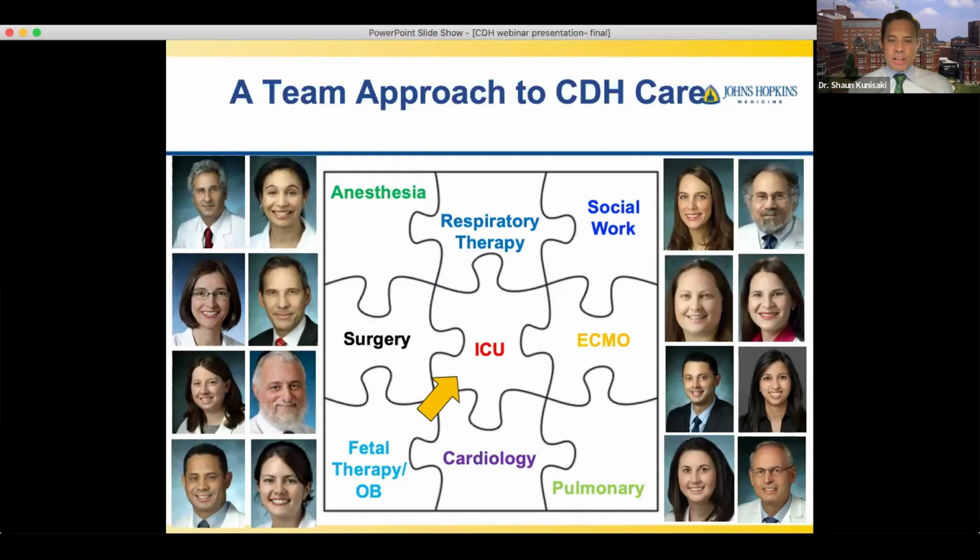Building on what Dr. Baschat said earlier with regards to CDH program integration before and after birth, our philosophy really has been that a care approach that includes an experienced multidisciplinary team of physicians and nurses working in a coordinated fashion together within a world-class medical institution is really essential to get the best possible outcomes in the CDH child.